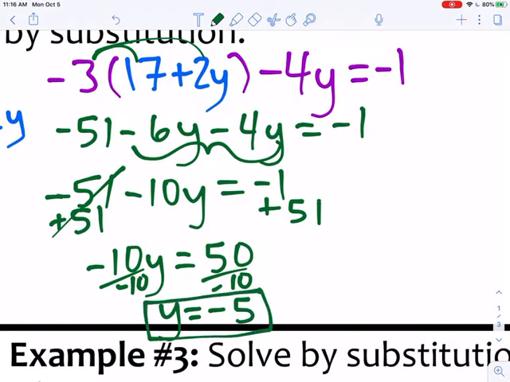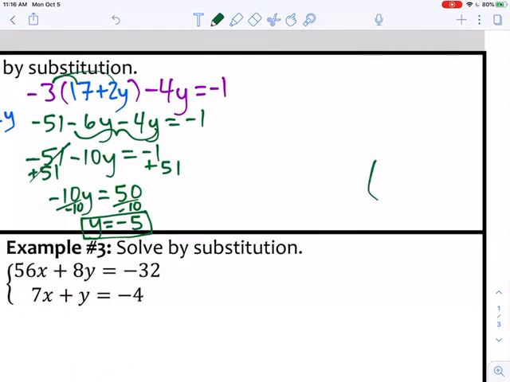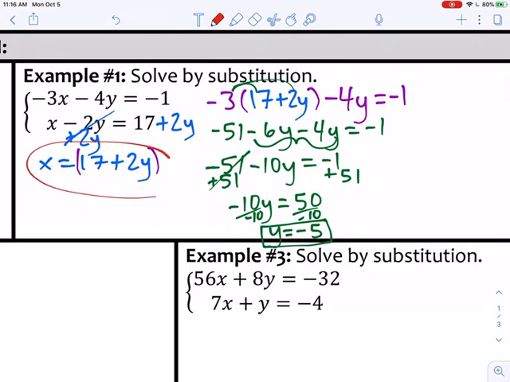Okay, so if I know that y is equal to -5, I can already start to make my answer here because I know my y value is -5. So now I'm going to go back to where I had this equation here, and plug in the y we just found. So we're going to go back to that first equation and plug in our y.